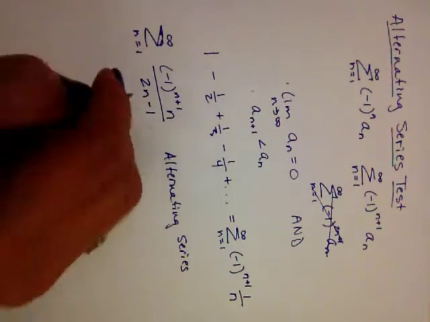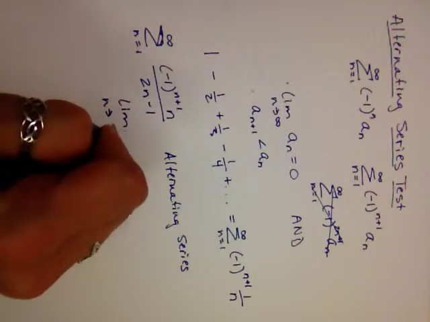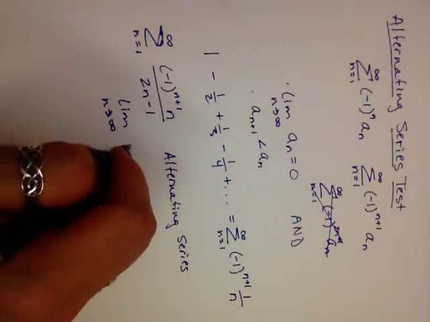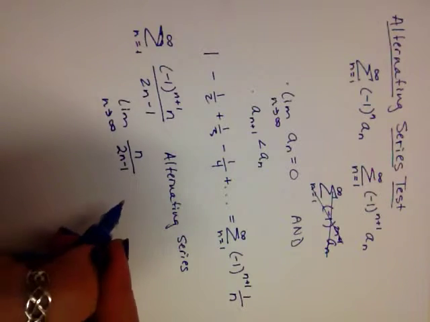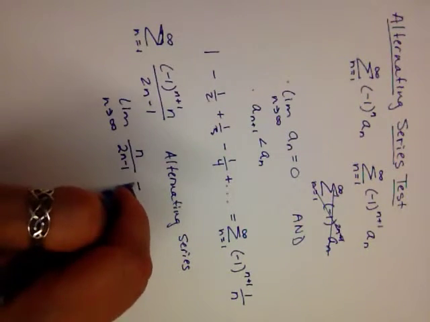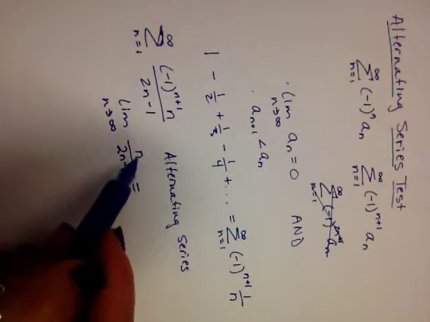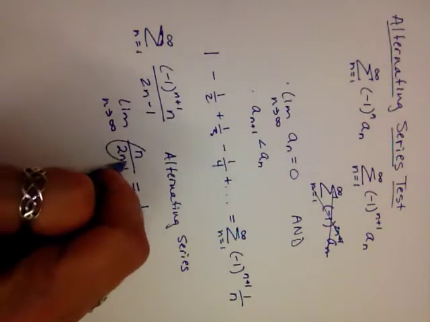Okay, since it's alternating, I'm going to look at two things. The limit as n approaches infinity of the non-alternating part, so I ignore the (-1)^(n+1) and look at the rest of it, n over 2n minus 1, and I'm going to check this limit. This is infinity over infinity, so you can either use L'Hopital's, the derivative over the derivative, which is 1/2, or look at dominant terms.